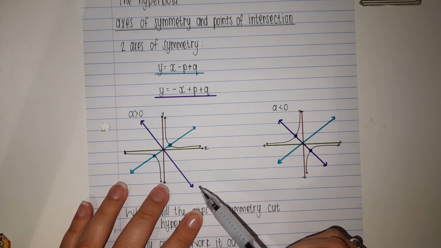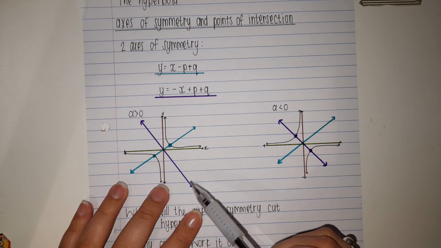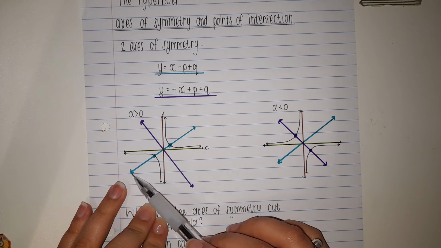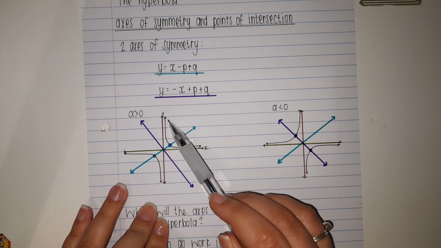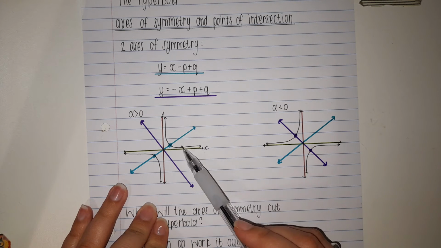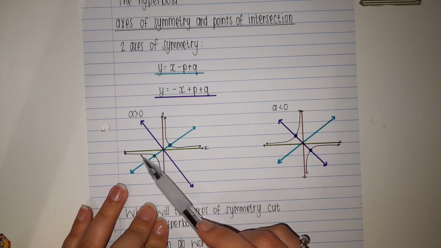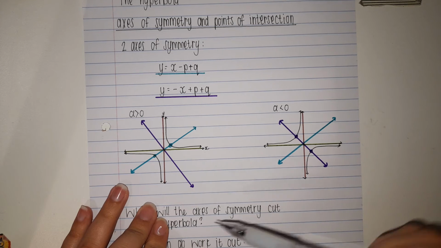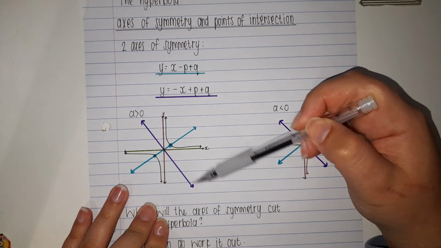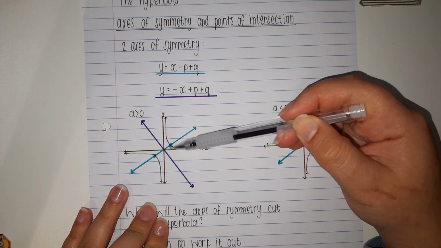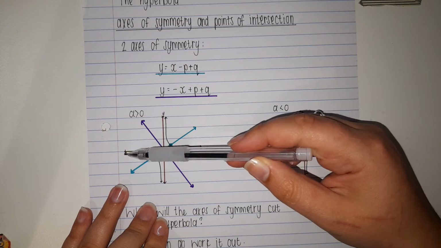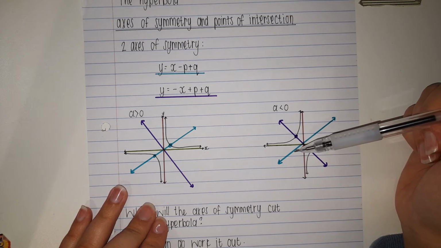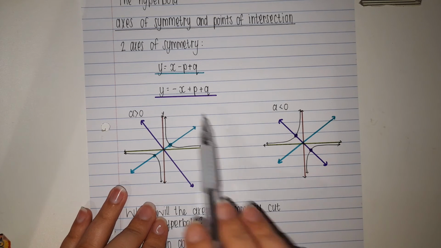This time this graph can fold twice. If I fold the graph along this line, this piece would fit perfectly on that piece, and this piece on that piece. But also, if I fold it along this line, this half of the graph would fit perfectly on that half, and therefore the hyperbola has two axes of symmetry.